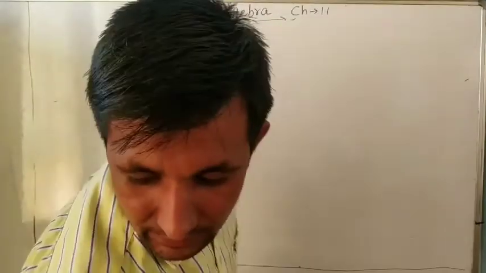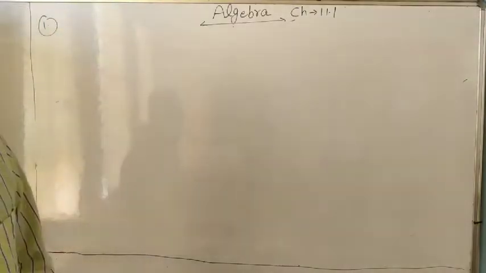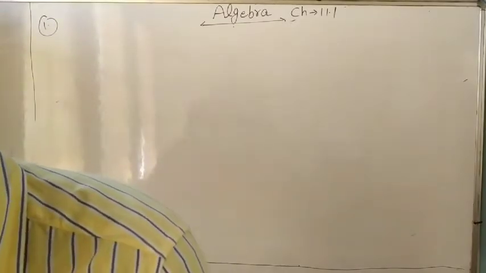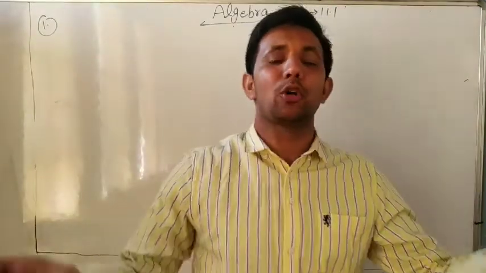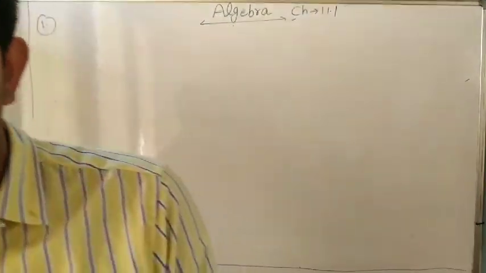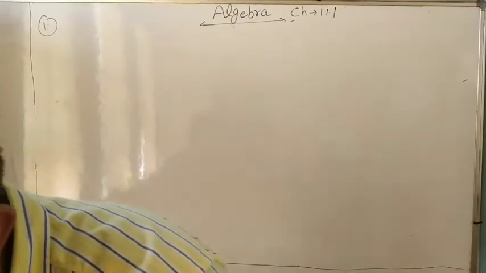Now chapter 11, exercise 11.1, question number 1. Very simple, we will use only variables. Variable means a, B, C, D, F, G, H, X, Y, Z, all are variables because their value is not fixed.